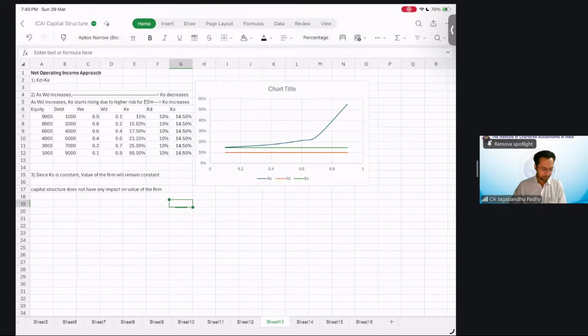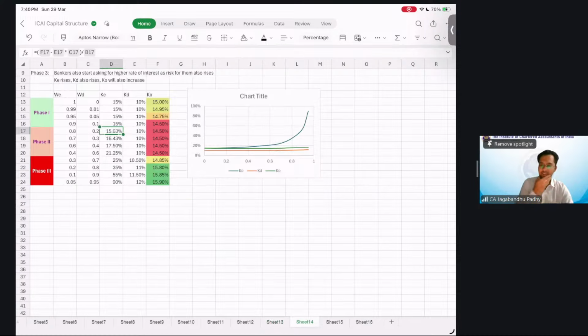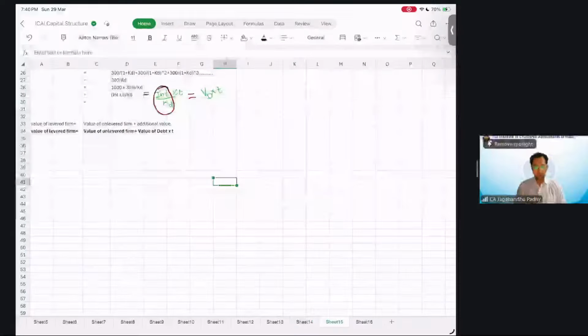Since KO is constant, the value of the firm remains the same. As the value of debt increases, equity shareholders start asking for a higher rate of return, and due to that, KO instead of reducing becomes constant, and therefore the value remains the same. Then the third phase is where the bankers are also starting to ask for a higher rate of return. So there you have an optimal phase in between, and very low leverage and very high leverage are both not preferred.